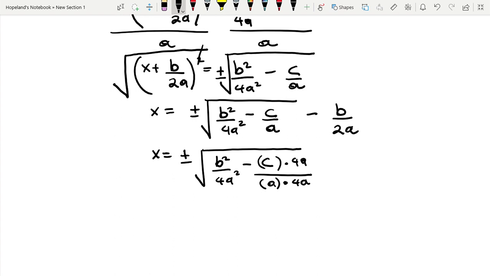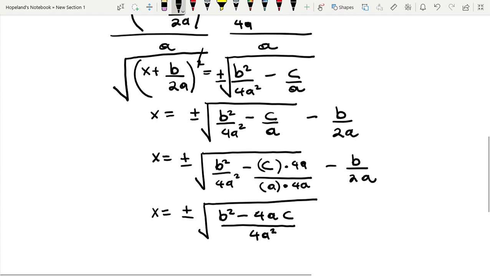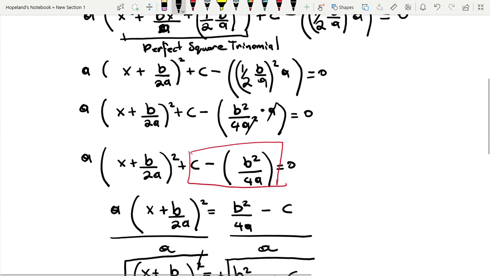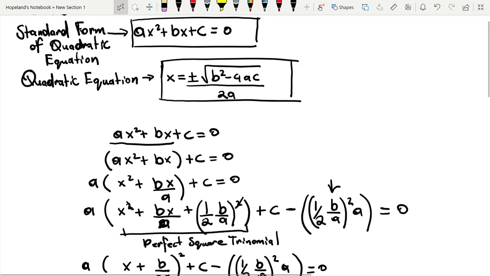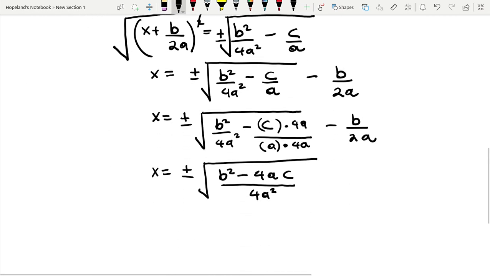What you end up having is b squared minus 4ac over 4a squared. Okay, so now our equation is starting to look like what is up here, but there's only one or two things that we have left to do.